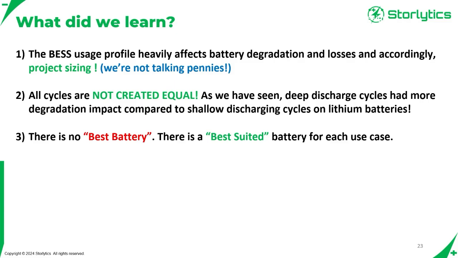We've seen the impact of deep discharges on lithium systems versus shallow discharges, so that definitely has to be taken into account. We see a lot of people doing linear regression with cycles to predict degradation. That is catastrophically inaccurate. And then third, there is no such thing as a best battery. There's a best suited battery for each use case.